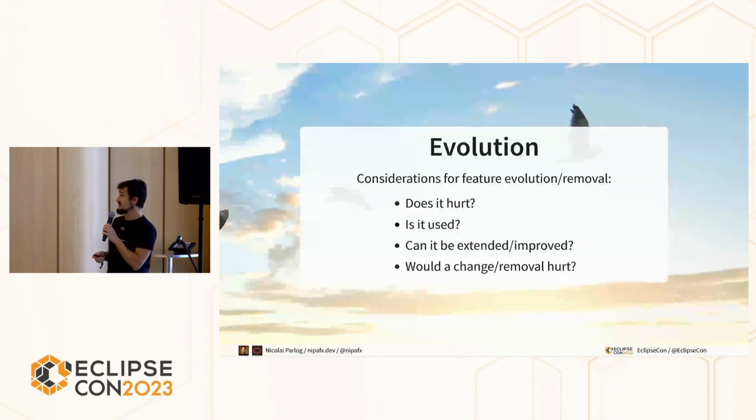That would be a reason to maybe remove it, because it hurts not the user of the language, but the developers of the language, which means it binds resources that are not invested into improvements. If something hurts and is not used, clearly it's easier to change or fade out as opposed to when it's used. Maybe there's a way to improve it, and if it's removed, how much would that hurt?